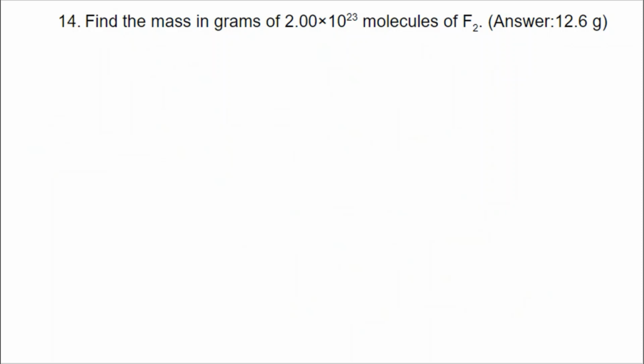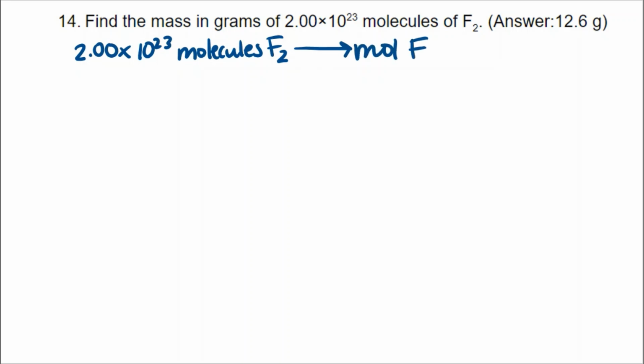Question 15, we're starting with molecules. We've got 2.00 times 10 to the 23rd molecules of F2, and we want to get to grams. So I'm going to change molecules into moles, and then I can change moles into grams.